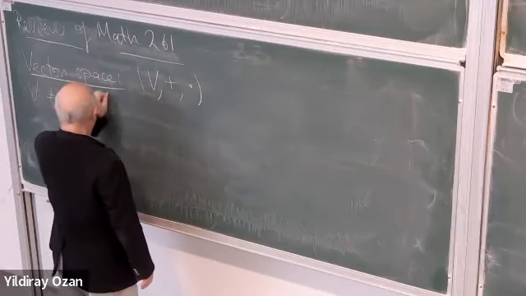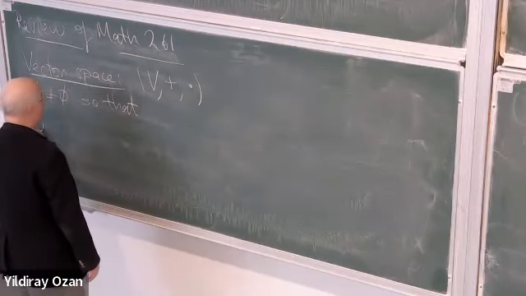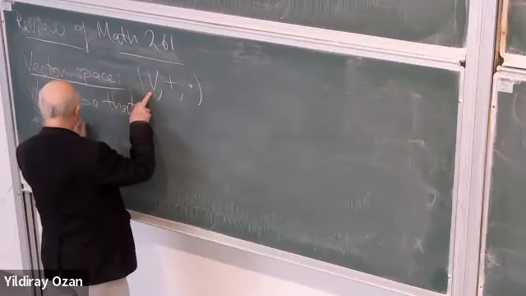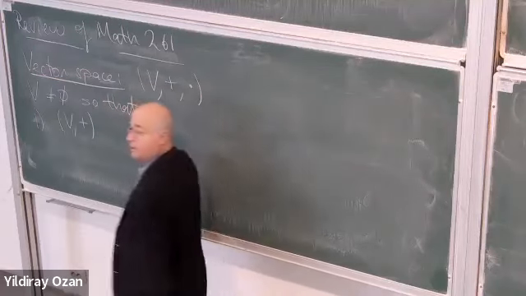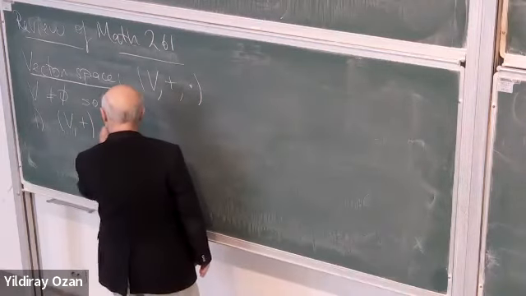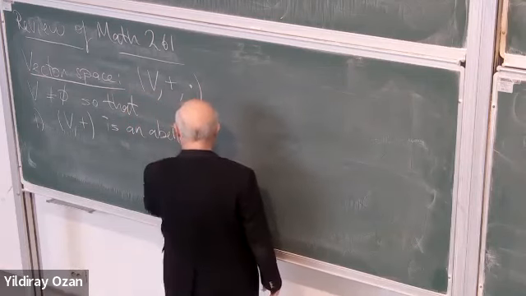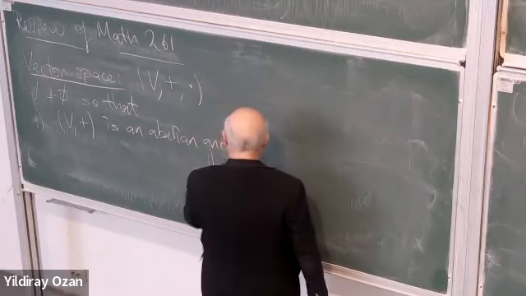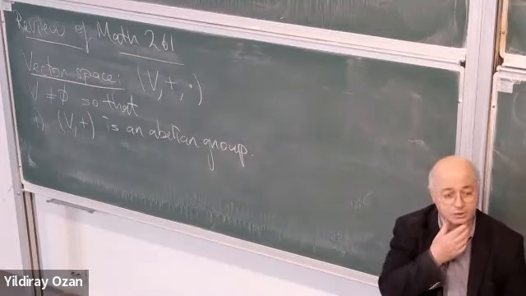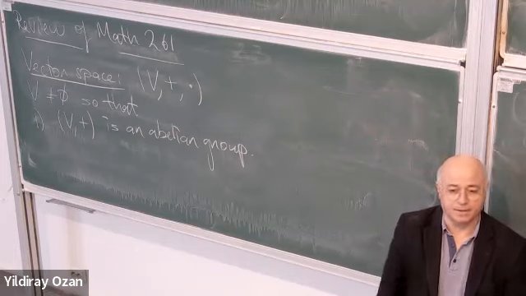Then we have the following properties. First of all, this set together with this operation is an abelian group. So it's a group where the addition operation is commutative. A plus B is equal to B plus A.